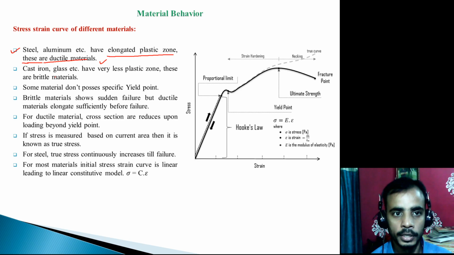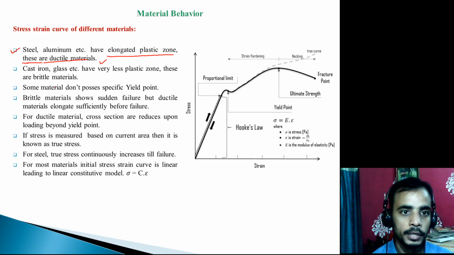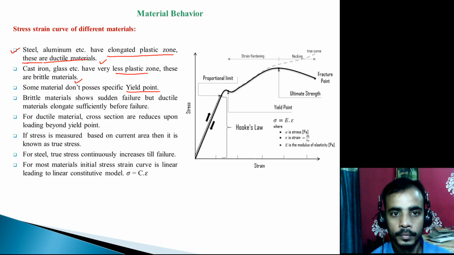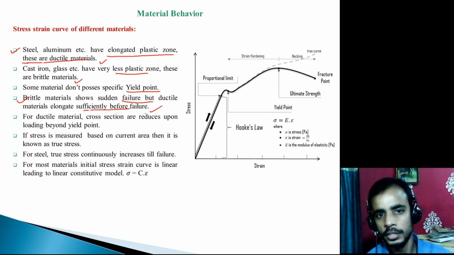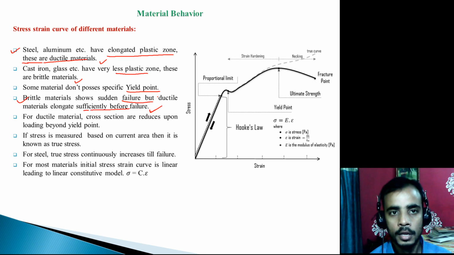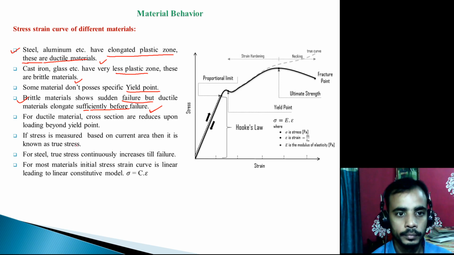So for ductile materials the plastic region is large, but cast iron or glass etc. have very little plastic zone, so these are brittle materials. Some materials don't possess a specific yield point also. Brittle materials show sudden failure, while ductile materials elongate sufficiently before failure. So these are the different phenomena by which you can differentiate ductile and brittle material.